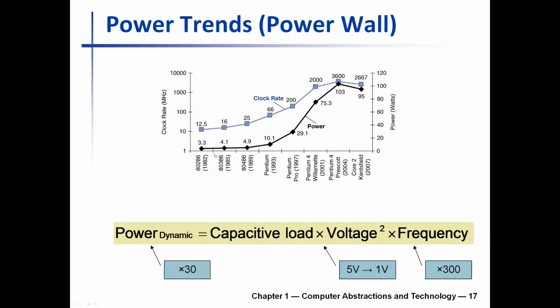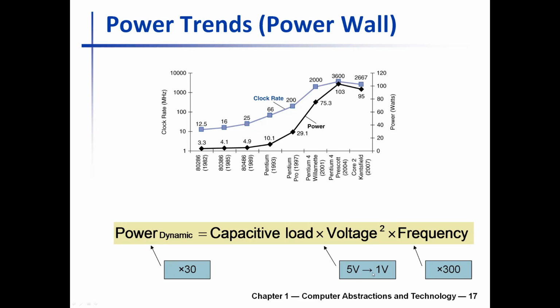The maximum voltage here is around 5 volts, and in Pentium 4 it goes around 1 volt. So there was a reduction from 5 to 1, and the factor is of order 2 here. So the reduction was of magnitude roughly 25 times, right?